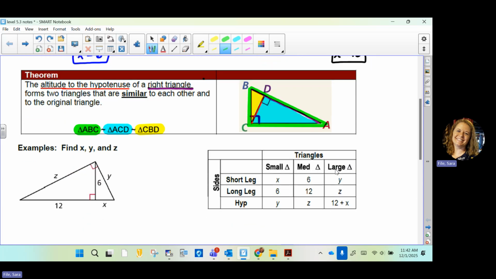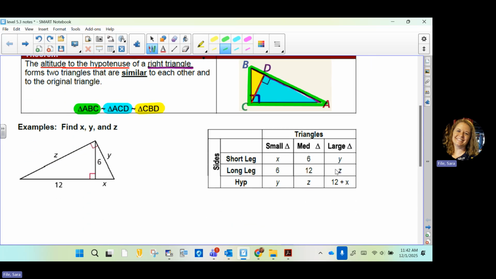All right, so let's look at this triangle, and we have a table to organize all of these different measurements, because I'm going to color code again. We have the outer big triangle, the original triangle here.